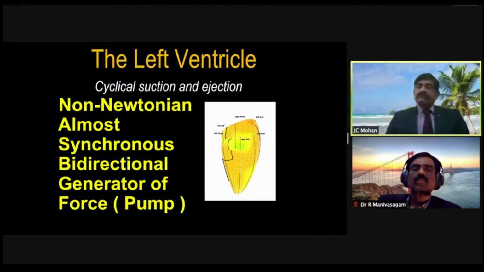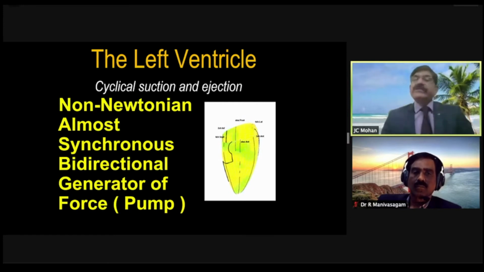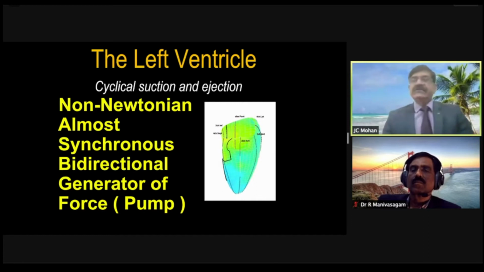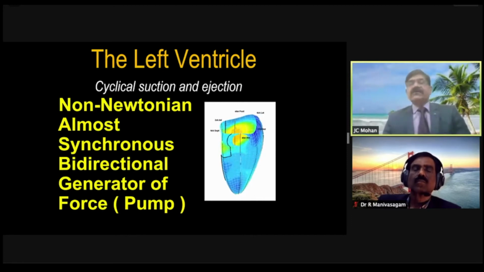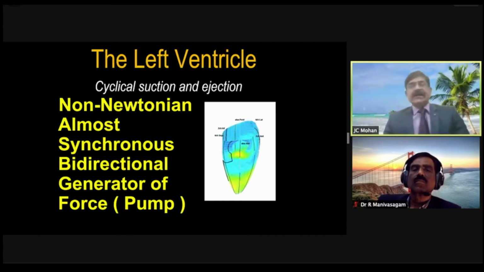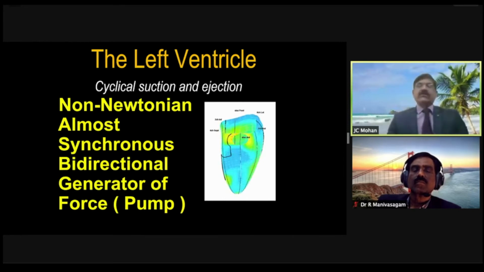So by and large, we would be talking about the left ventricle and left ventricle strain imaging. So a little knowledge about left ventricle myoarchitecture is in order. The left ventricle is involved in cyclical suction and ejection. It is a non-Newtonian, almost synchronous bidirectional generator of force.